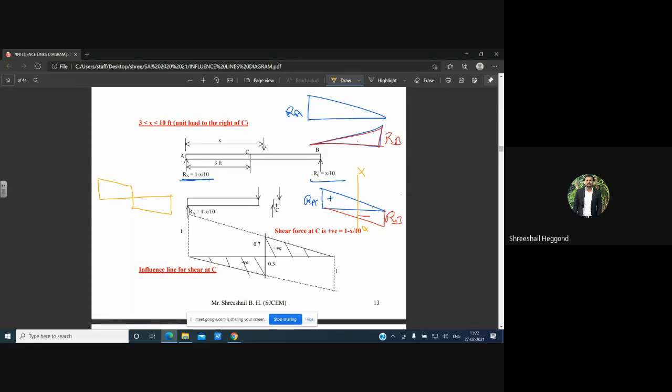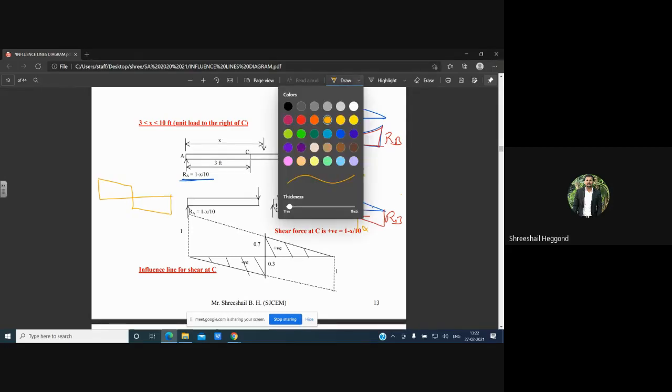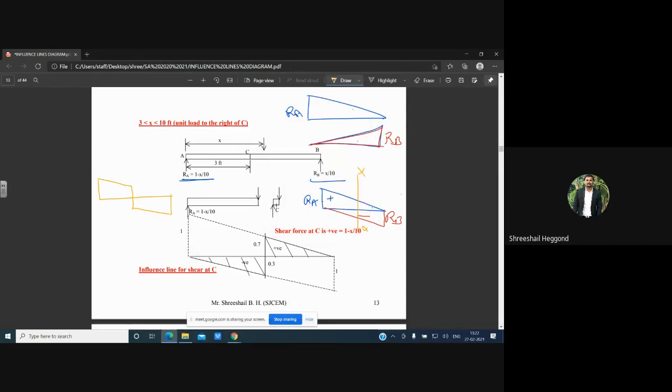The shear force diagram for positive and negative can be represented as follows. If you see the diagram, which represents the values of different components, this is the baseline of the combination of RA and RB, and the reactions will be represented in the remaining place. That is, negative will be downward and positive will be upward.